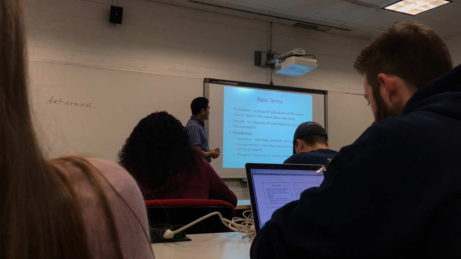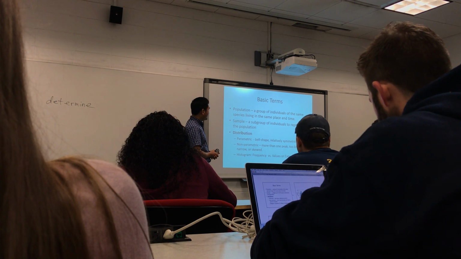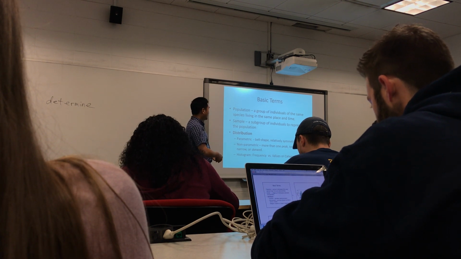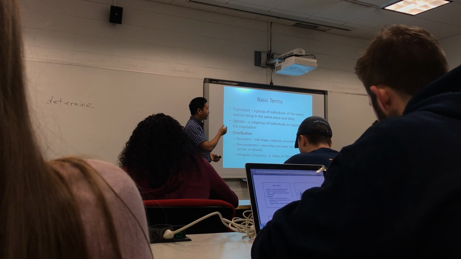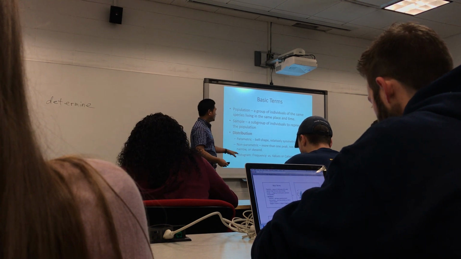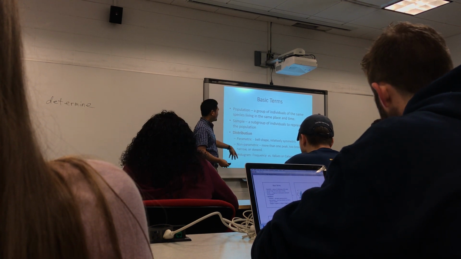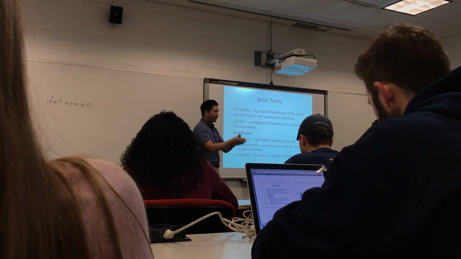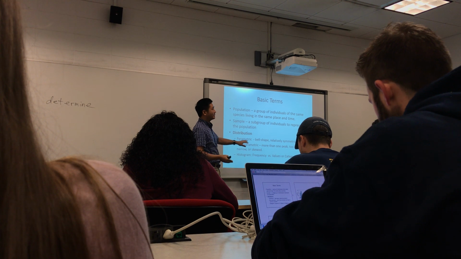Distribution. There are different patterns: parametric and non-parametric. Parametric is symmetric. Non-parametric means it usually is skewed, or has none, or more than one peak. Basically it's not one peak, not symmetric, so that's non-parametric.